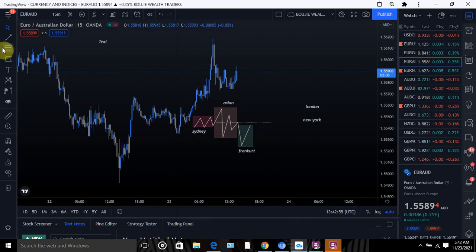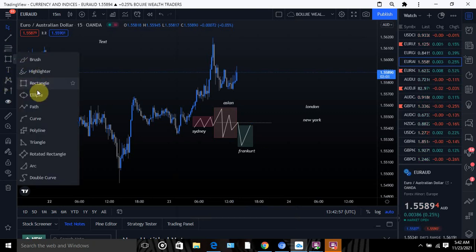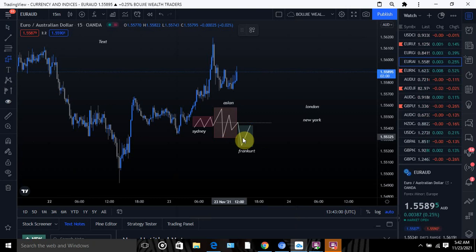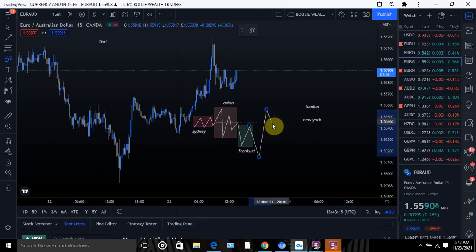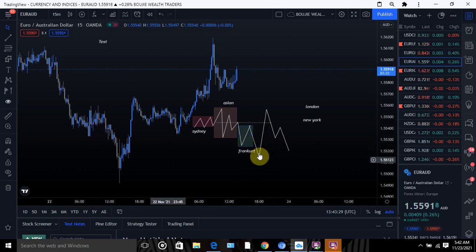After the London opens, the London opens to break the low and the high of the Frankfurt session.